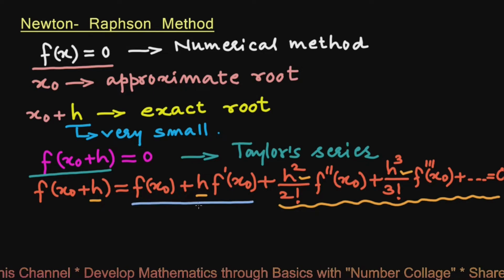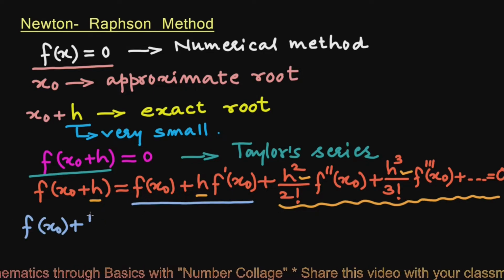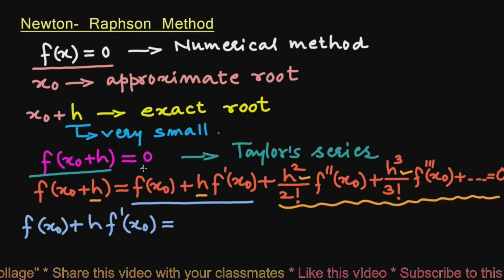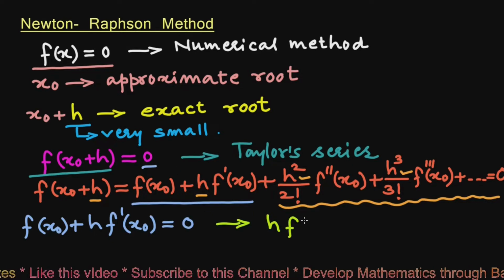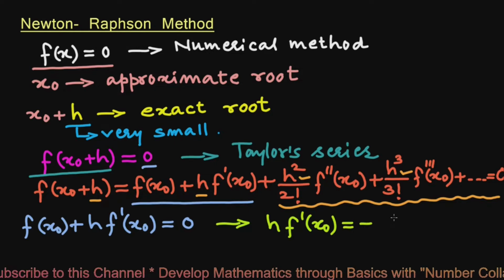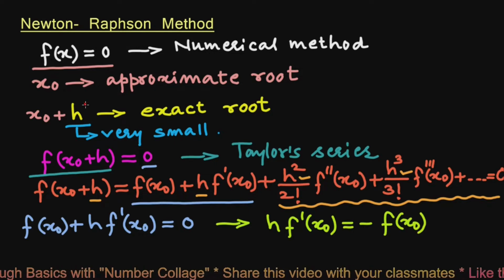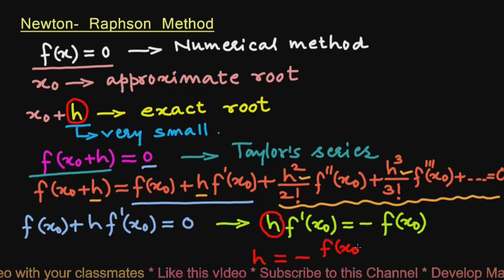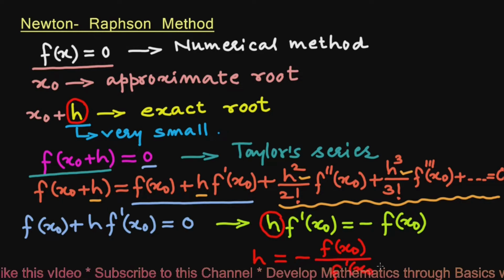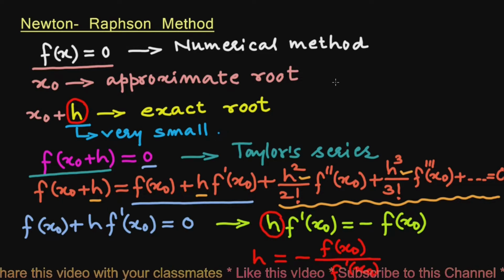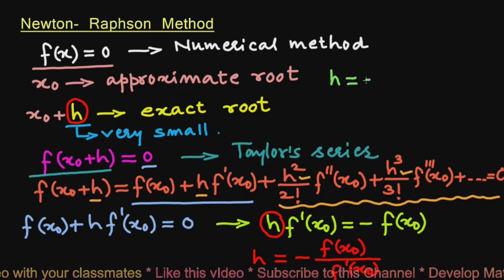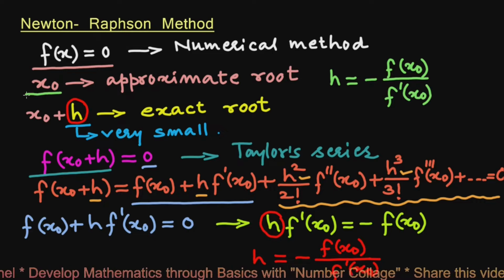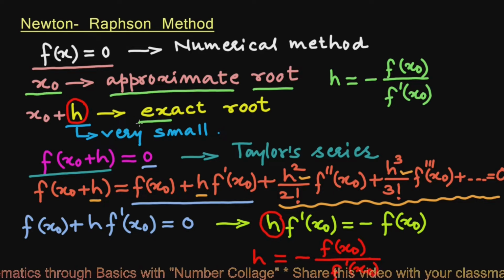Now we write f of x0 plus h f dash x0 equals f of (x0 plus h), which is 0, so that h f dash x0 will be minus f of x0 and this small quantity h will be h equals minus f of x0 upon f dash x0, which means if we add this small quantity h equals minus f of x0 upon f dash x0 to this approximate root x0, we will get this exact root.